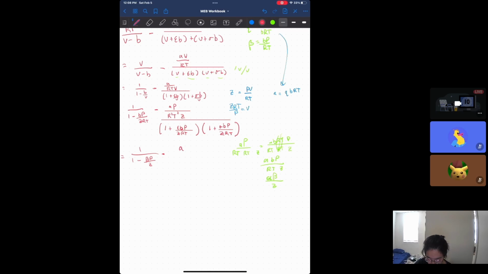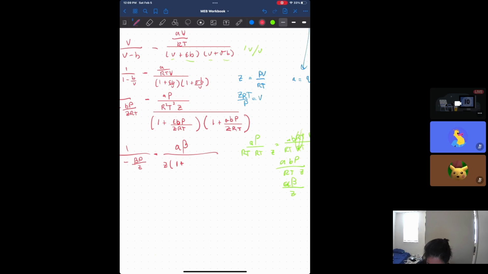We now have a times beta over z times 1 plus epsilon beta over z times 1 plus sigma beta over z.